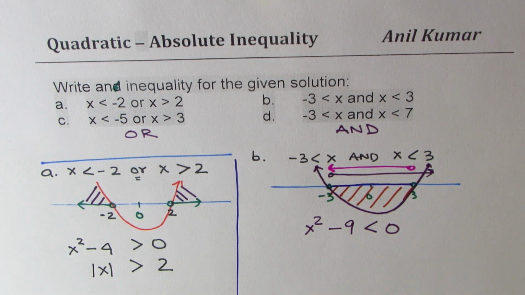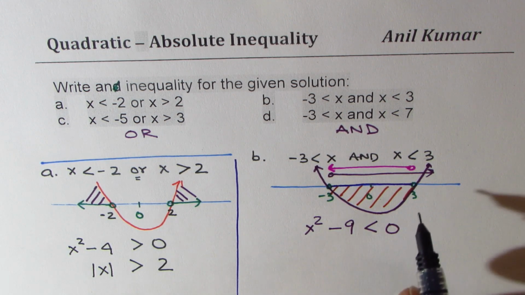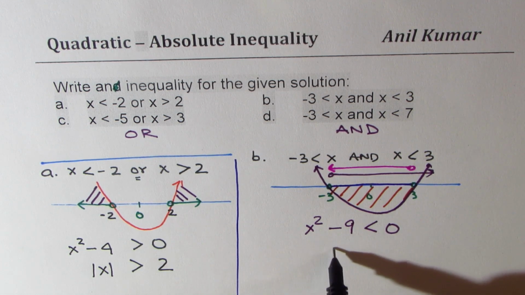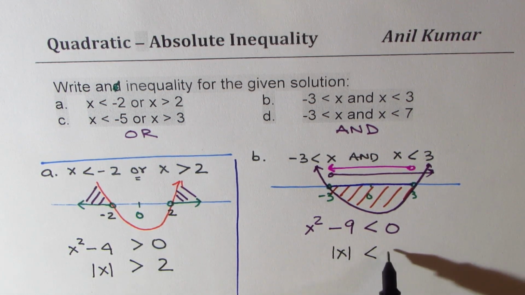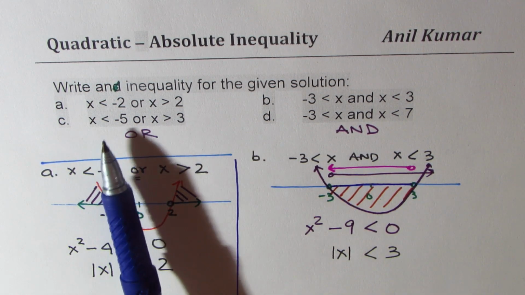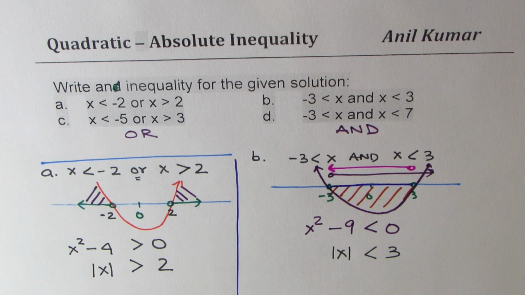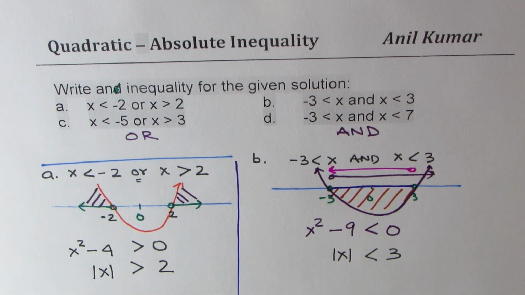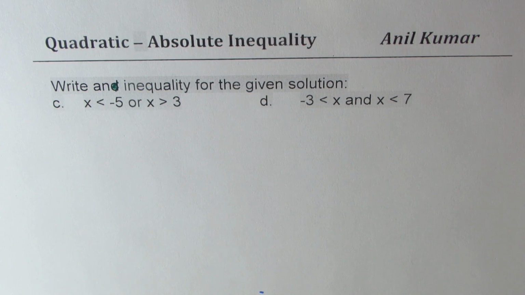Do you get the idea? If I have to write an absolute function, I could write absolute x is less than 3. Since absolute x could be plus or minus, right? So I hope the concept is clear. Now with this concept, let's move on to C and D, which are kind of challenge questions. So I'd like you to now pause the video, find the solution for C and D, and then check with my solution.